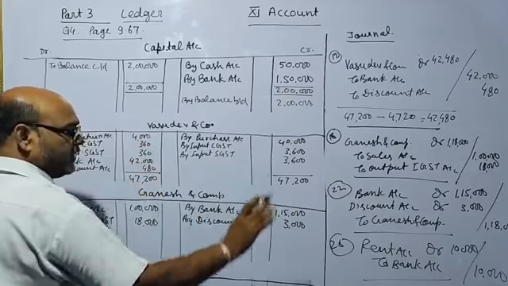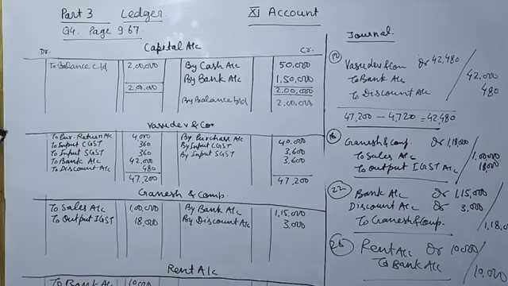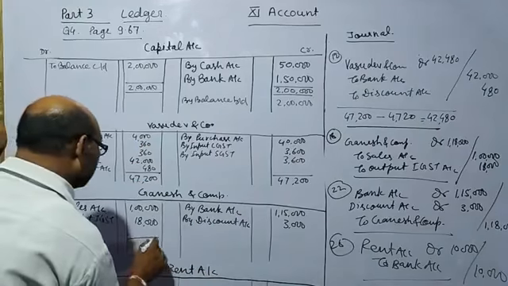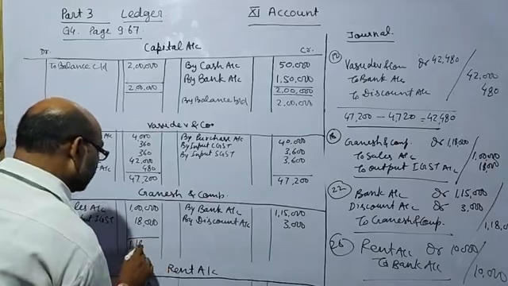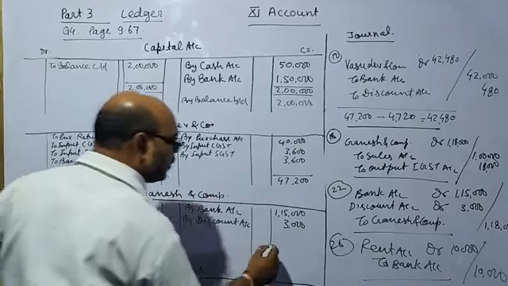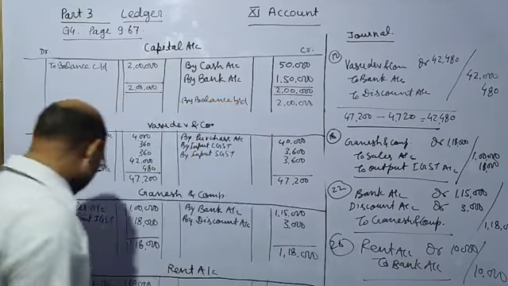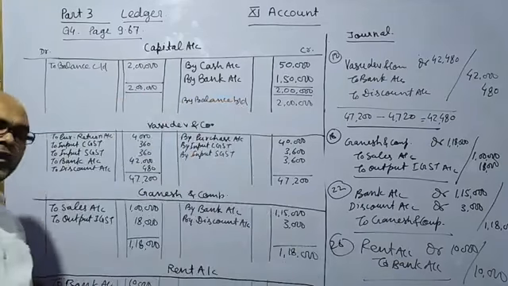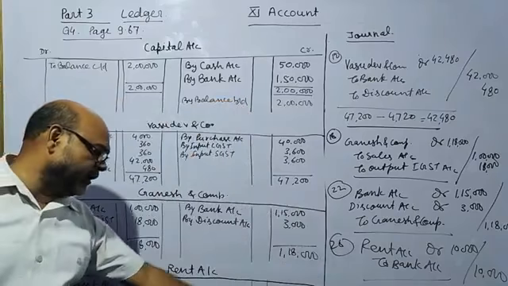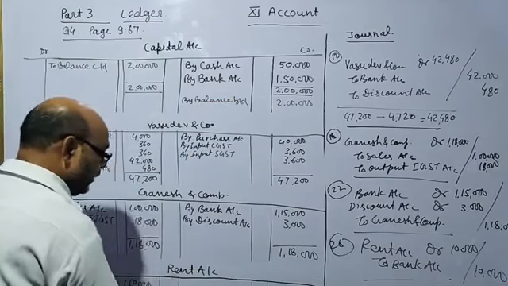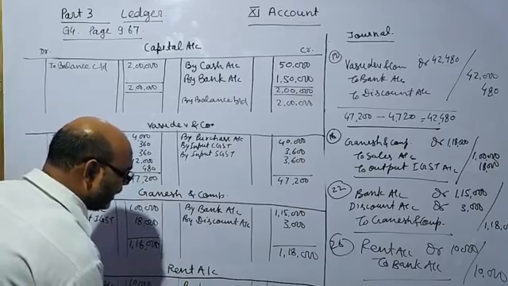Both side total is the equal, so you will not write the balance. Here is also both side total is equal, so not write the balance. Here in the debit side 10,000, but here is not written any balance in the credit side, so difference you will write by balance CD.